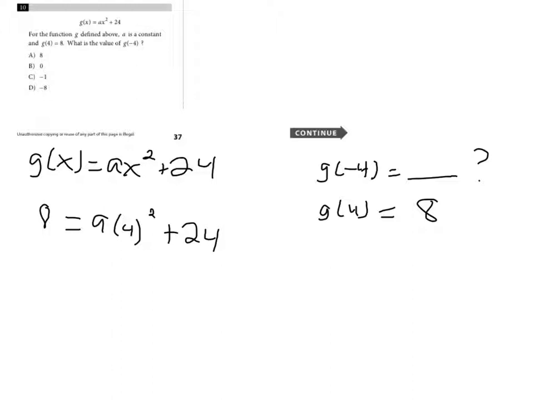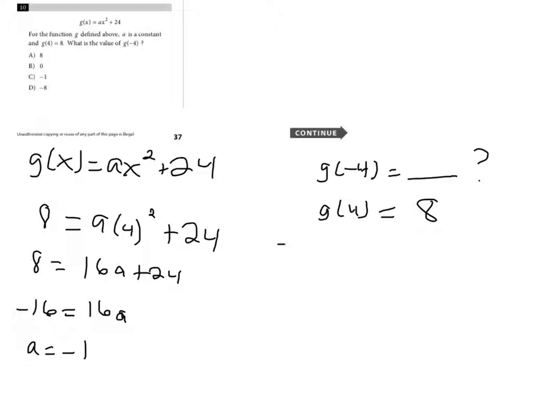I can now work this out to solve for a. So 8 equals 16a plus 24. Subtract 24 from both sides and we get negative 16 equals 16a. Therefore, a equals negative 1 after dividing both sides by 16.